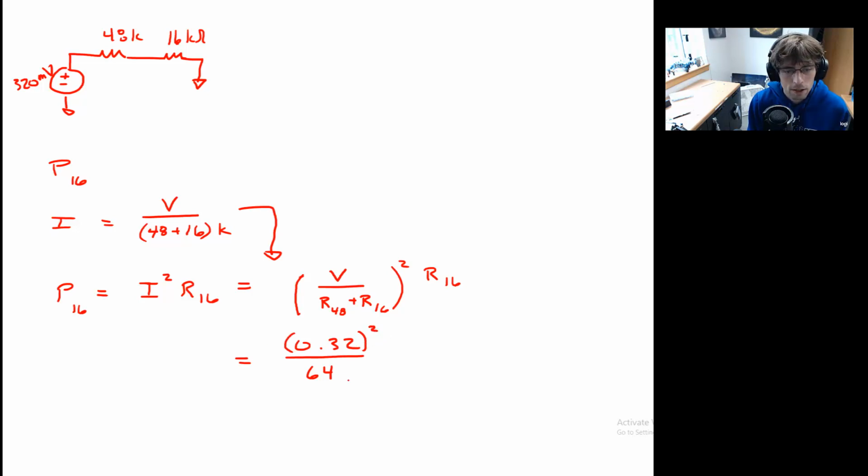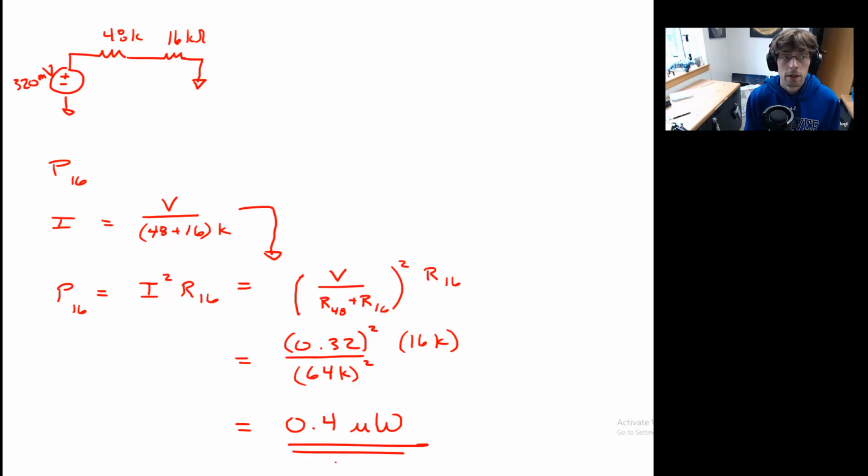Don't forget the squared. Then we have a 64K squared, and then a 16K. Here I end up with 0.4 microwatts as the power delivered to the 16 ohm resistor.